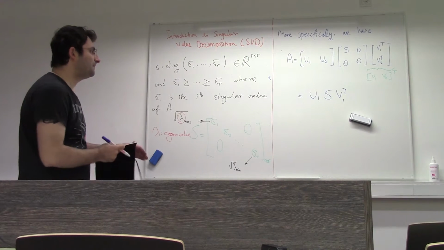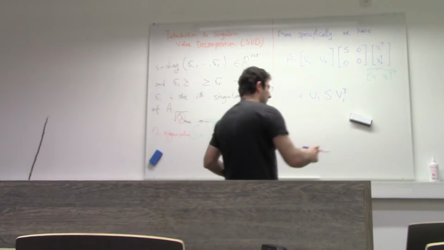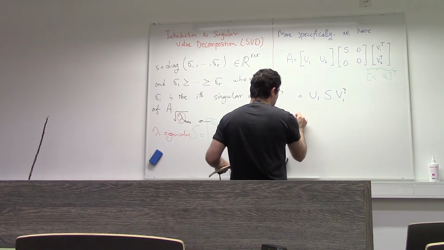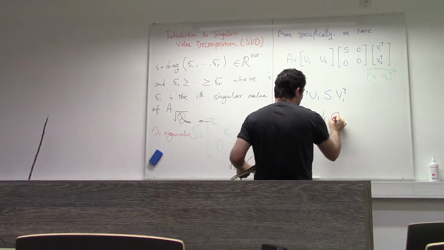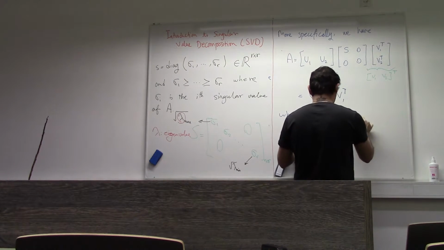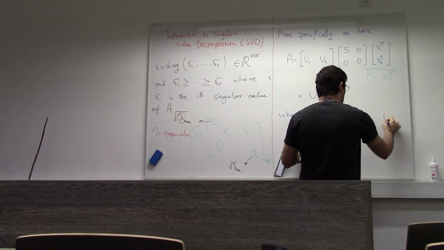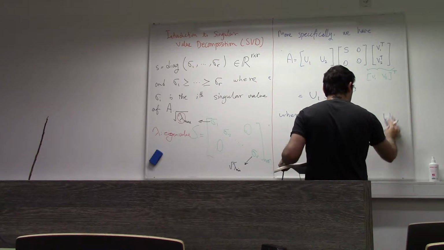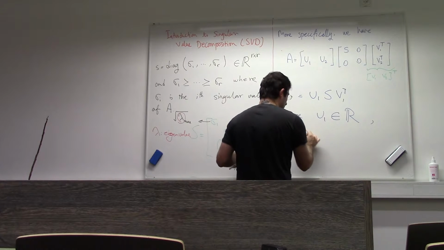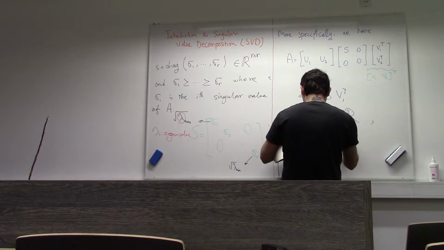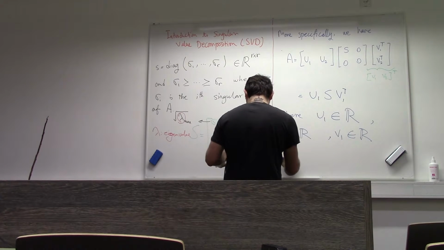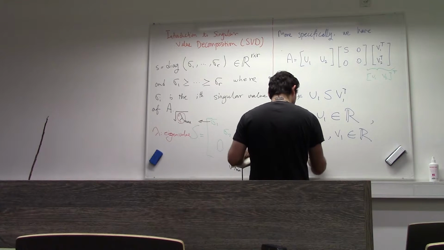So let's see what U1 and V1 are, where U1 belongs to, U2 belongs to, V1 belongs to, and V2 belongs to.